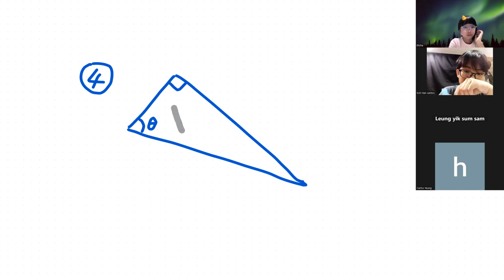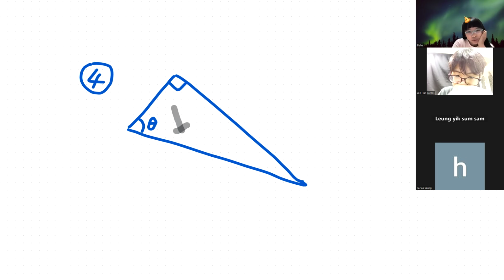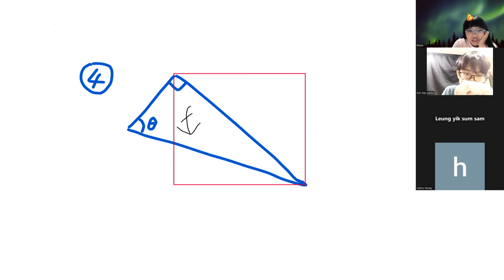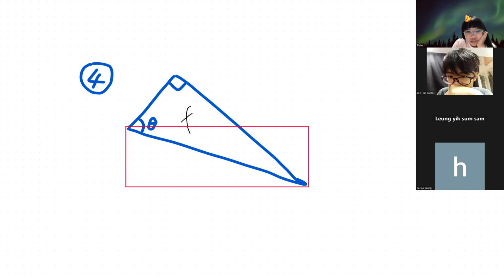Remember when we say A, the condition. Only Santos is working.